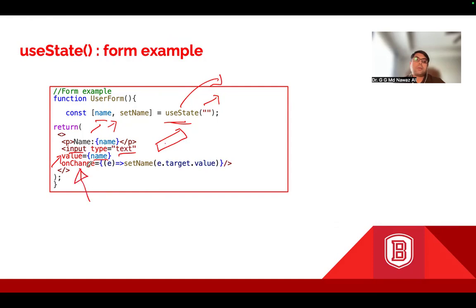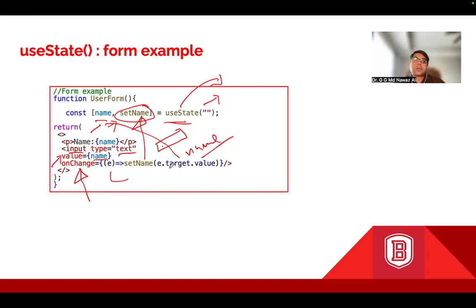When a change event happens, meaning you type anything here, it will call setName. setName is the hook function from useState, and it says that we'll set the value of the name.